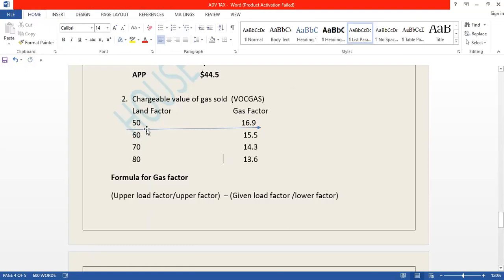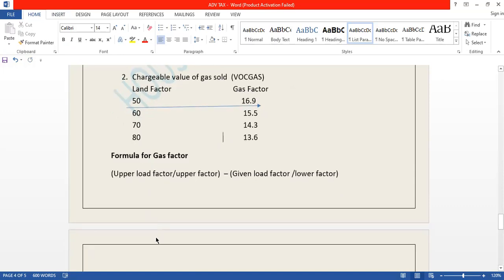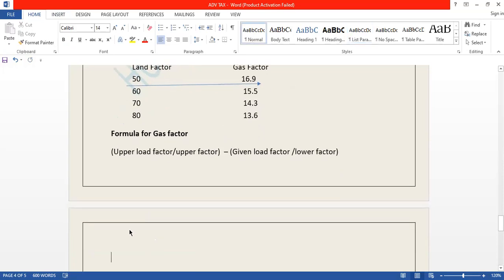So we have the upper and the lower. Based on this formula, we should pick the upper load factor. What would be the upper load factor in this question? Can anyone help us with that? If they are following, 50. That would be 50, right? That would be upper. Yes.